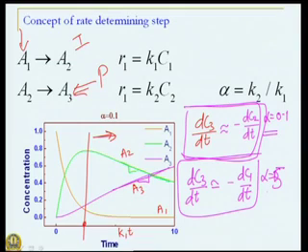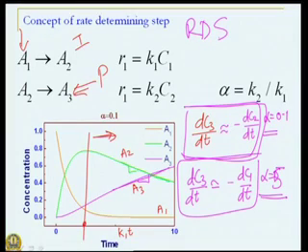If the first reaction is slow, when alpha is 5, the rate is determined by the first reaction. Again, the idea is that there is a rate determining step which determines the rate of conversion to product, or rate of formation of product.